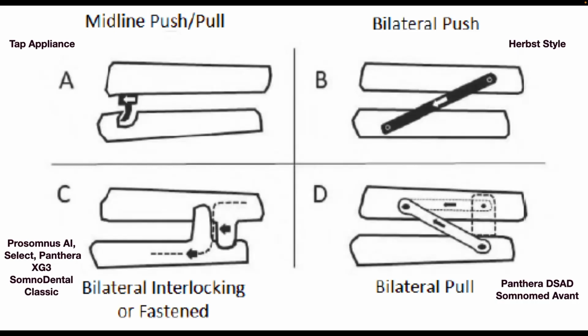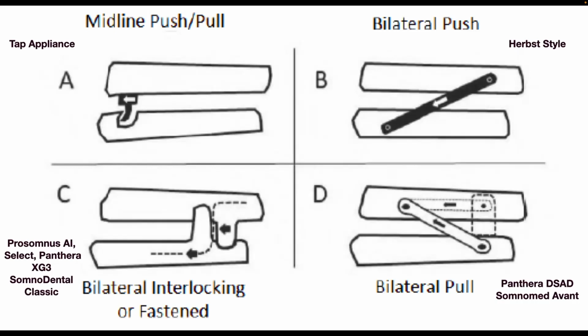Again, C and D, where we have this bilateral interlocking or fastened, or we'll call it dorsal, the different types of name brands for you. And C, we're putting forces in that maxillary molar region and in the mandibular molar region, premolar, canine region. So I'm happy with putting forces on those particular teeth.